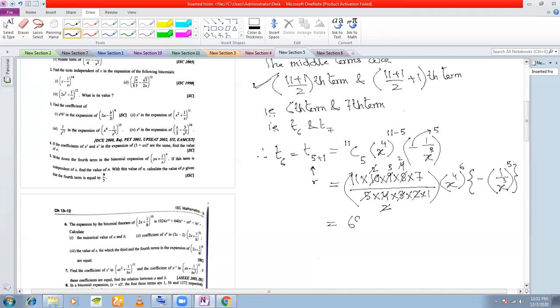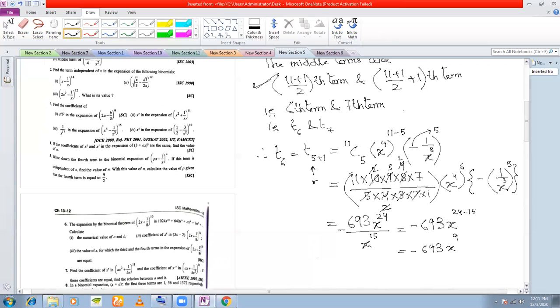You're getting 693, and x to the power of 4 raised to the power of 6 is x to the power of 24, divided by, and there's a minus sign here, and in the denominator you have x cubed raised to the power of 5, so this becomes x to the power of 15. So this becomes minus 693 x to the power of 24 minus 15. So this is minus 693 x to the power of 9.